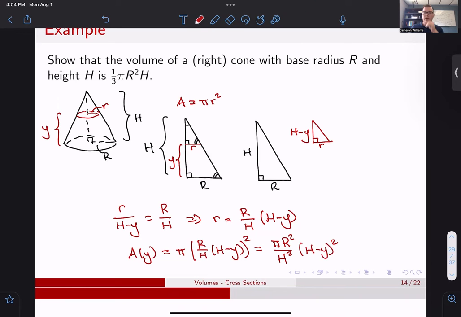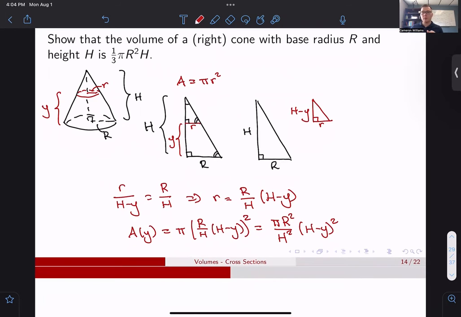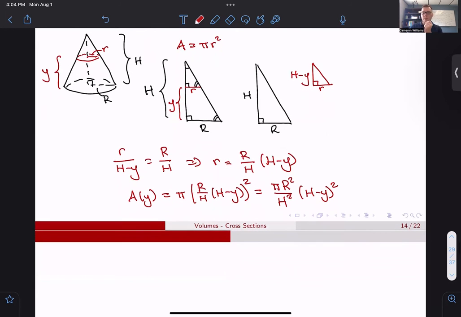I'm just going to leave that as is. If you FOIL, you will have 3 terms. Then when you do your integral, you're going to have 3 terms for one limit of integration and 3 terms for the other. That's a lot of terms to keep track of, which means there's a lot of room for error. So I'm going to leave it as is, and I have a different plan in mind.